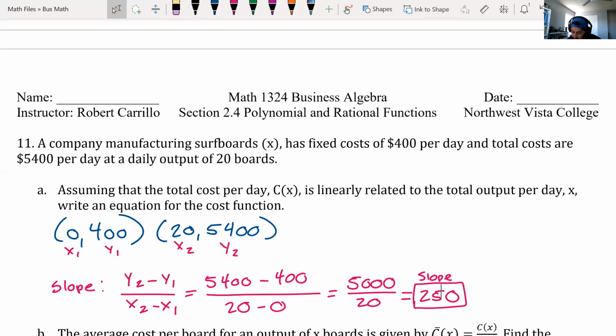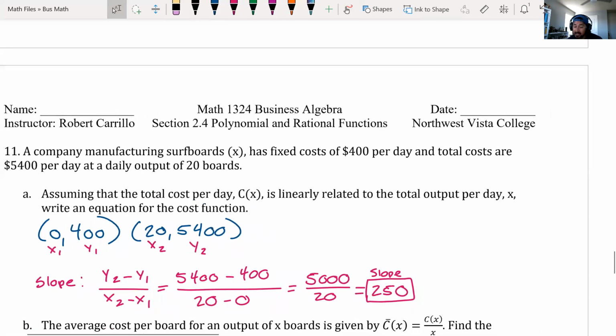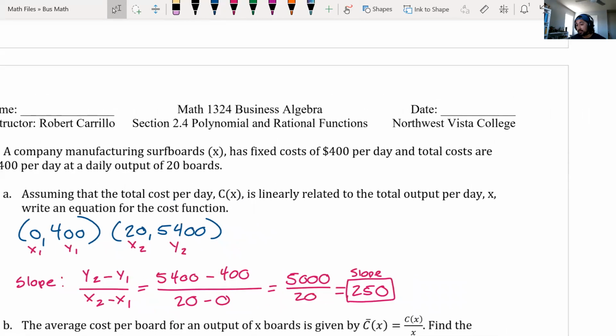Now, to find the equation of the line, to find the equation for our cost function, we're going to use the point slope formula. y minus y1 equals m times x minus x1.